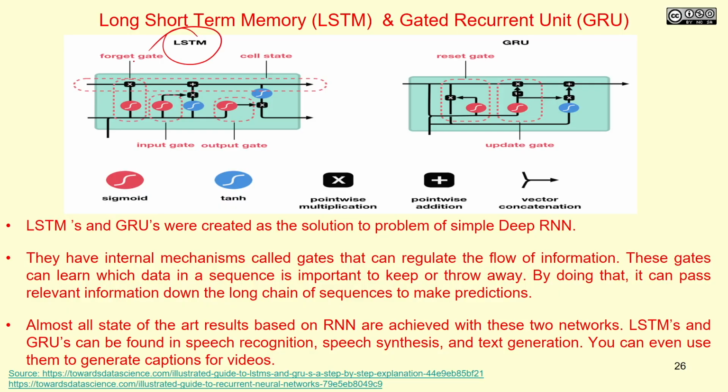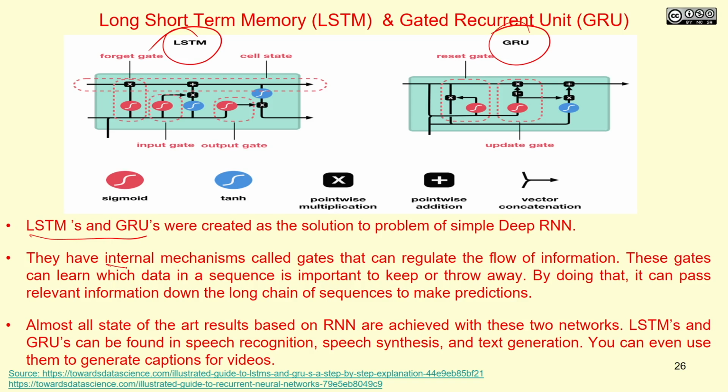In order to address that, we go for LSTM, long short term memory, for addressing the short term memory issues, as well as GRU, gated recurrent unit, in order to address the vanishing and exploding gradient. So what is this LSTM and GRU? They were created as deep recurrent neural network solutions to avoid the problems of short term memory, vanishing gradient and exploding gradient.